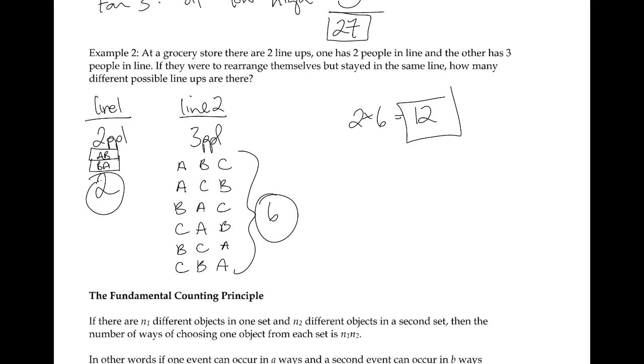Okay, so the more situations, more layers I add to a problem, the more complicated it gets. I wanted to just multiply by 3, but that wouldn't have given me all of these options. That would have only given me these 3. And I would have missed the ones where we could have switched B and C without moving A.